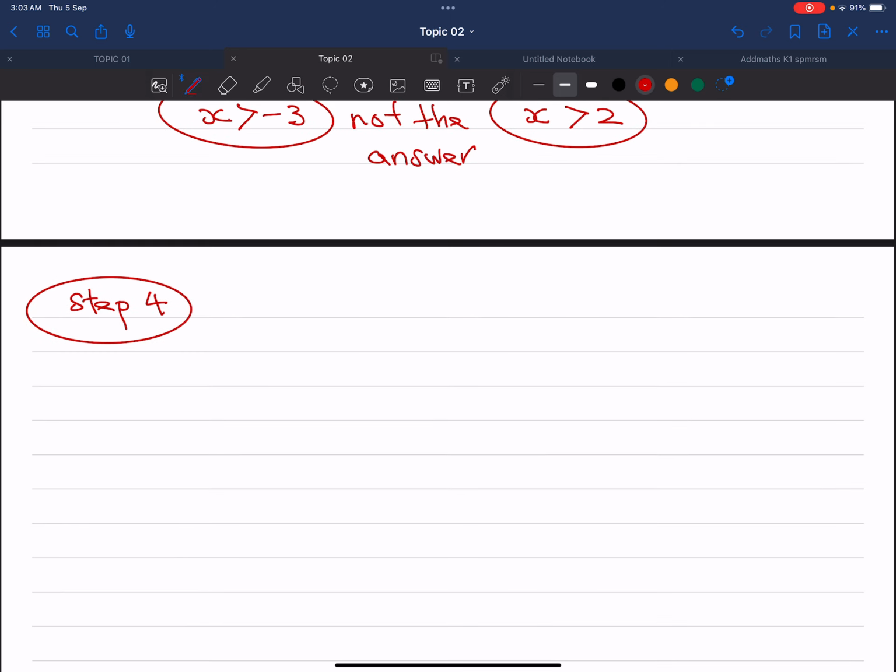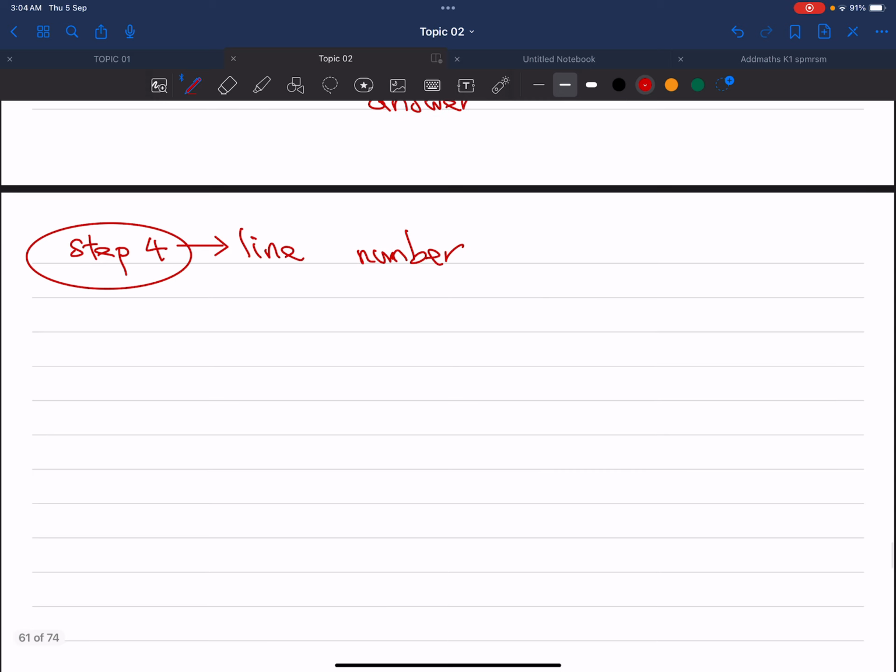And step 4 is the line number, which is, of course, a line that has numbers.